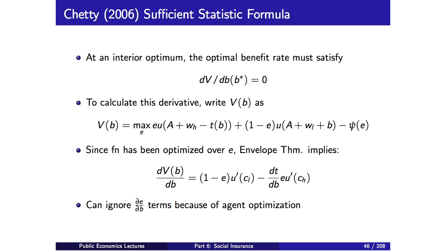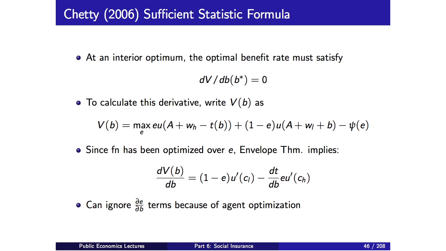To calculate that derivative, let's write V of B as follows. It's the maximum level of utility that the agent can attain when he chooses E optimally given the government's tax and benefit system. Really the government only has one choice variable, right?